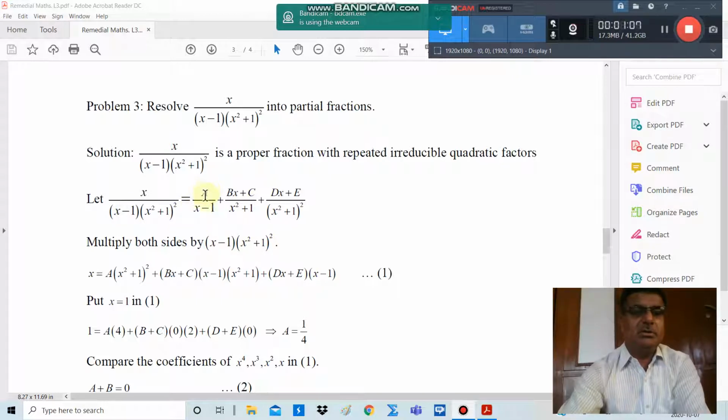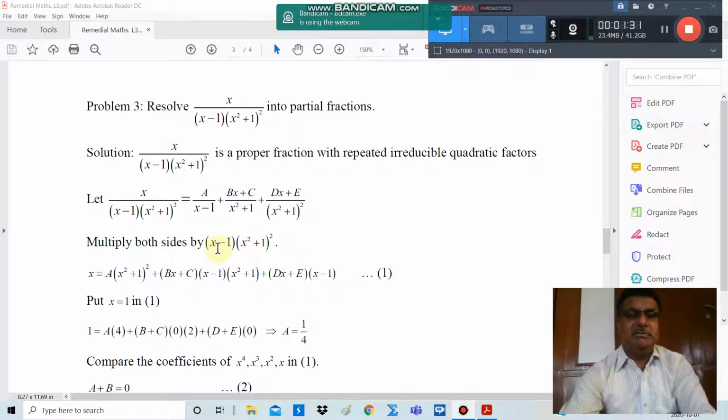Therefore, in the first term a upon x minus 1 is used, and x square plus 1 is a quadratic term. Therefore, in numerator we use bx plus c and plus dx plus e upon (x square plus 1) whole square, because this is a repeated term.